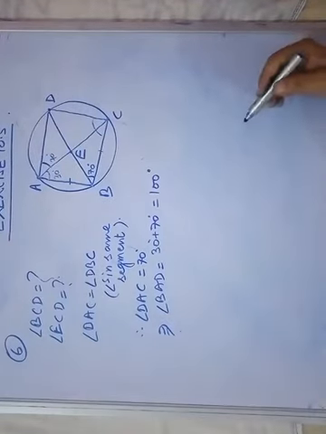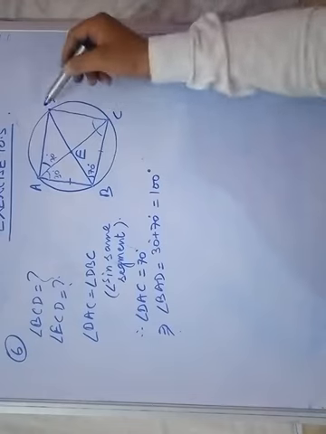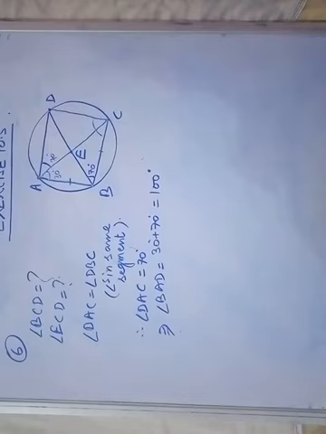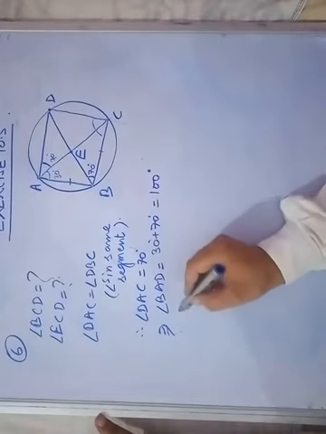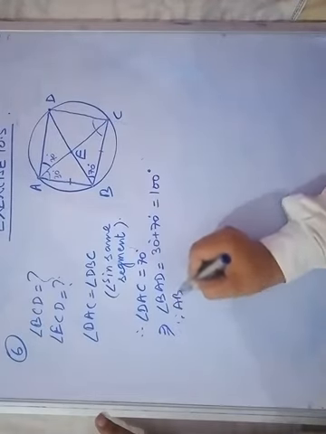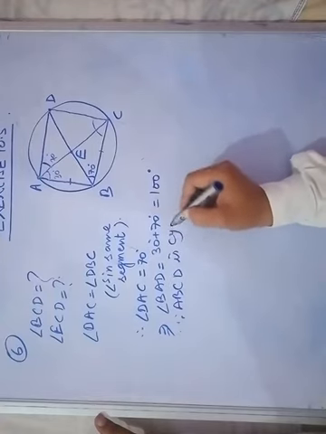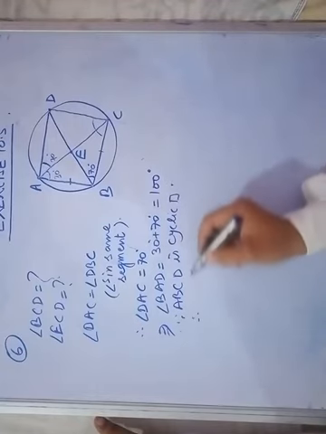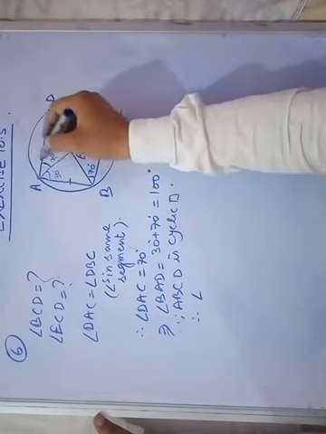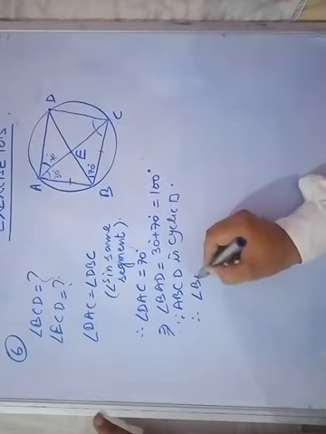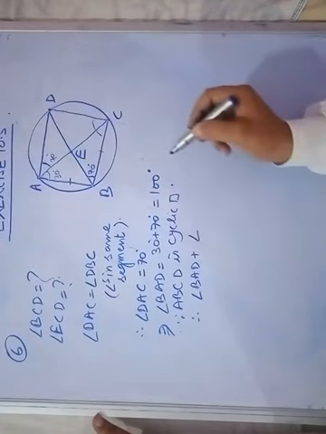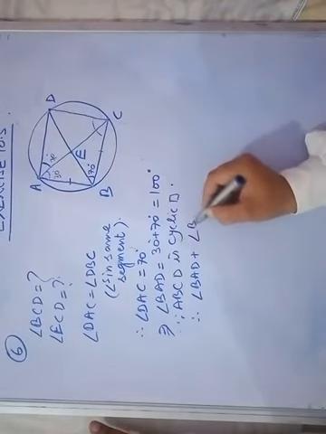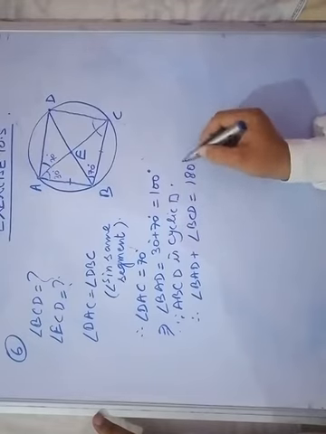Okay. Now ABCD is a cyclic quadrilateral. It means the sum of opposite angles will be 180. So since ABCD is a cyclic quadrilateral, therefore angle BAD plus angle BCD equal to 180.